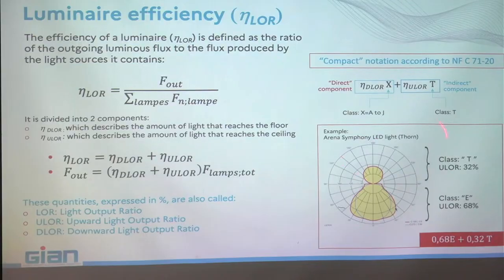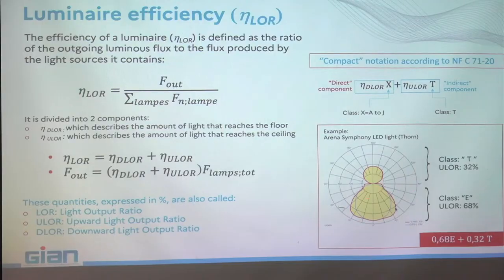I can say this one, for example, is a class T. It has an upward light component, and 32% of the light goes up. And this curve here corresponds to a class E luminaire, and 68% of the flux goes down.